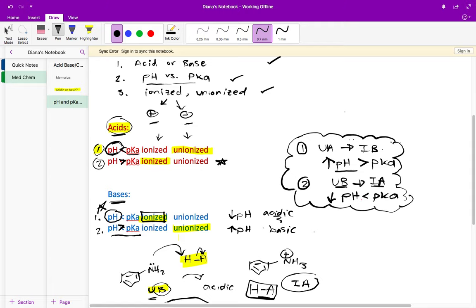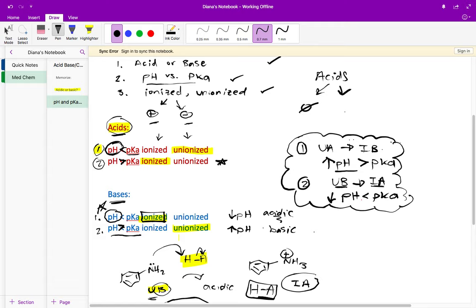So think of it whichever way you want, but make sure you memorize and understand that an unionized acid, these weak acids, can be what two charges? An acid can be neutral, right? That's the unionized acid form.